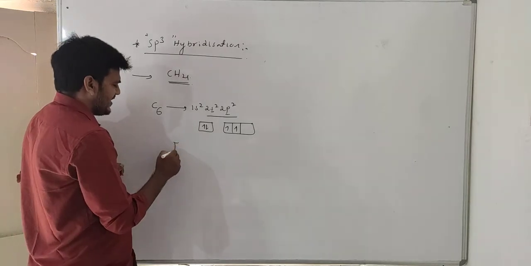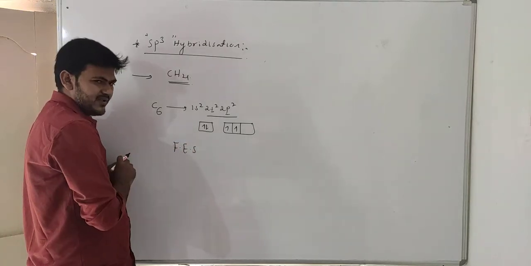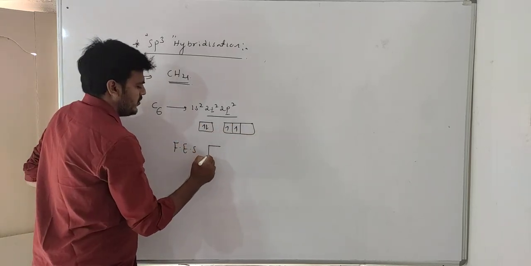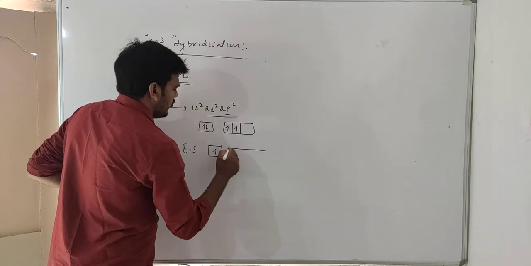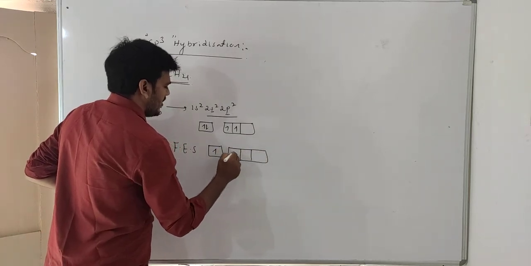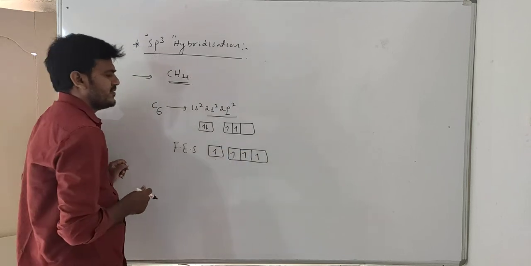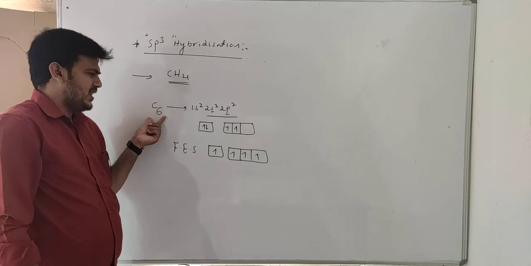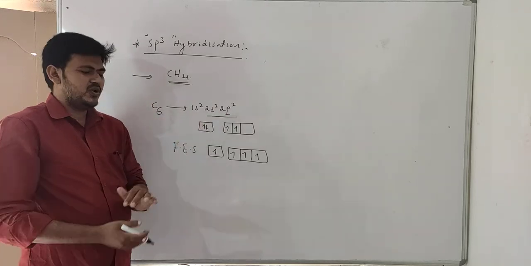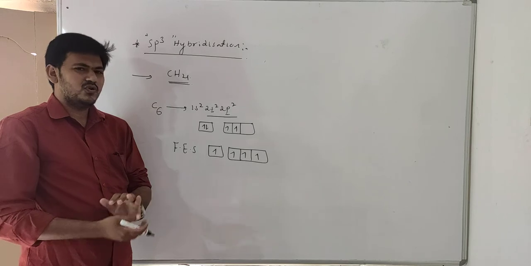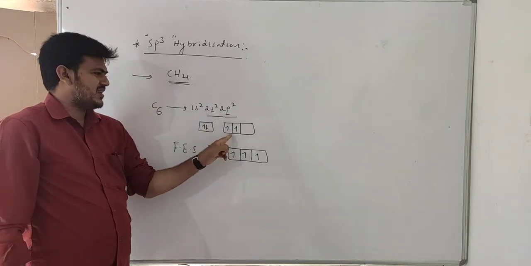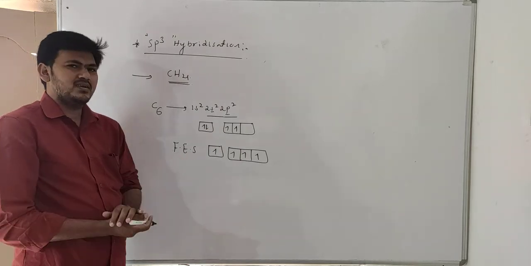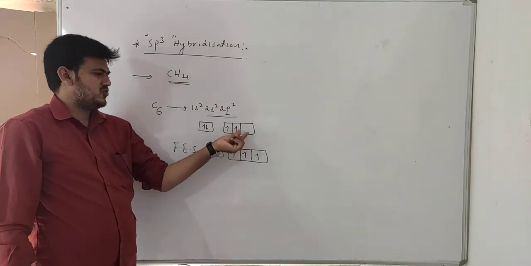Then the first excitation state. The 2s orbital electron enters into the 2pz orbital.